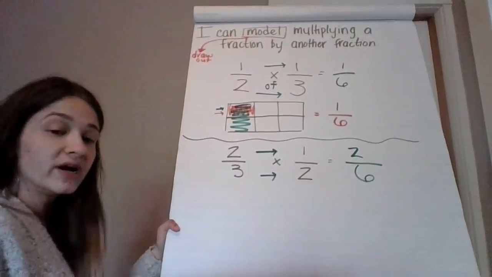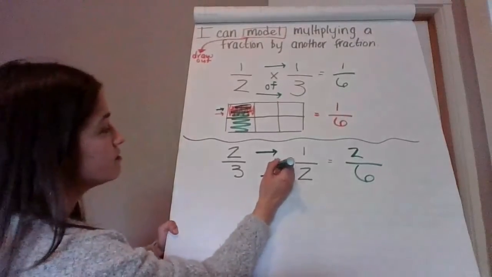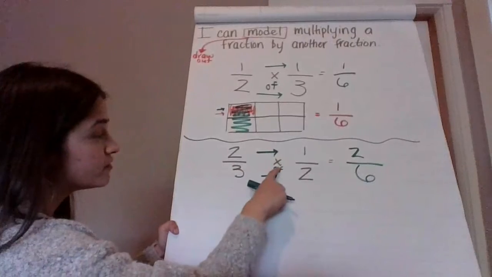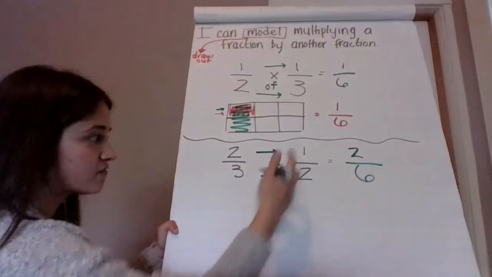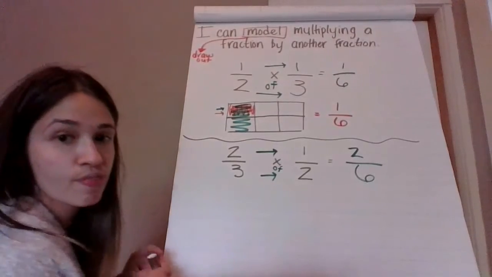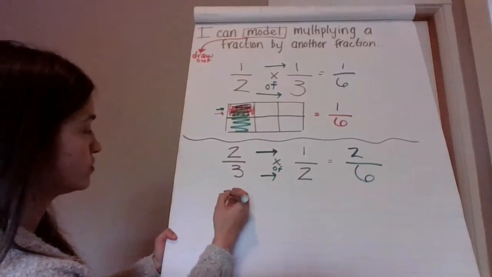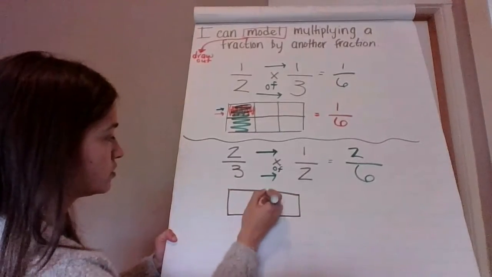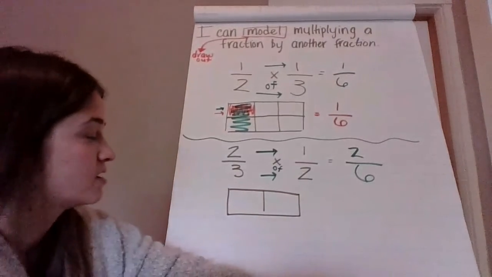Now, what I need to do is think. If of means multiply, I know I have 2/3 of 1/2. So I have 1/2 of something. So I'm going to start with that. I am going to draw a model.